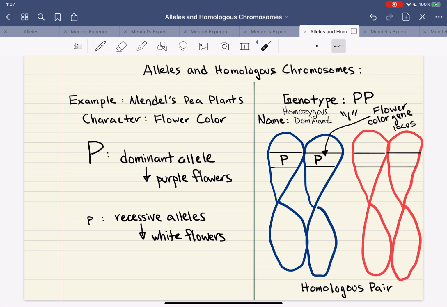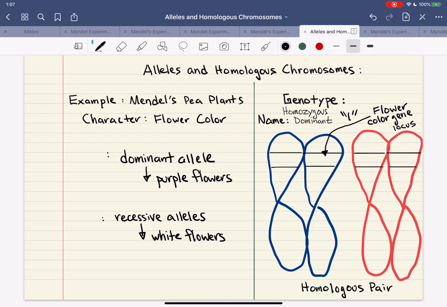And, hey, you know what? I'm going to change this up. Even though we're talking about flower color, just so this is easier to picture on my chromosomes, I'm going to pick 2 different letters. Okay? Again, letters are arbitrary, but I want you to be able to tell the difference between an uppercase P and a lowercase p. So I think the letter A would be easier.